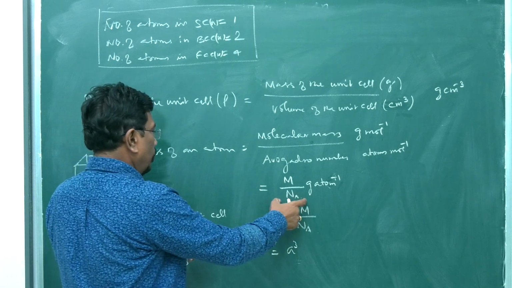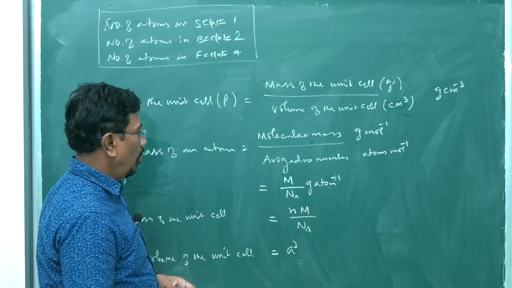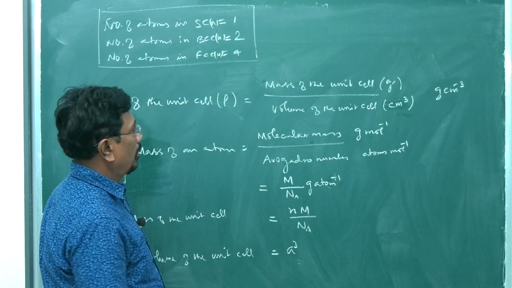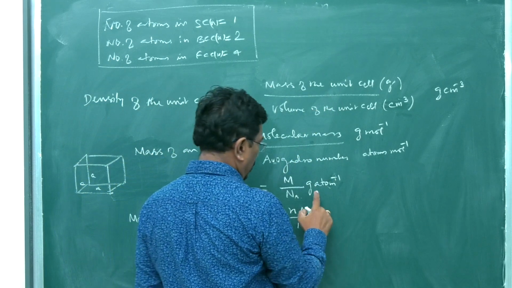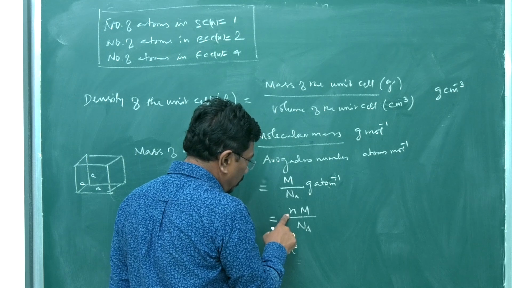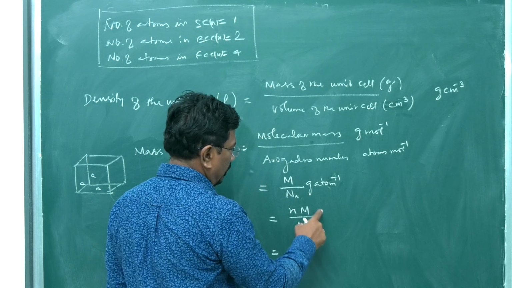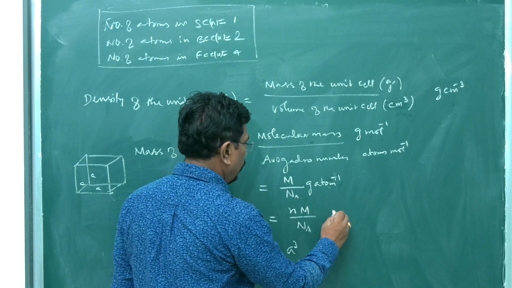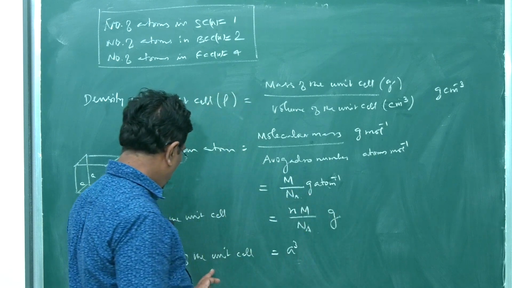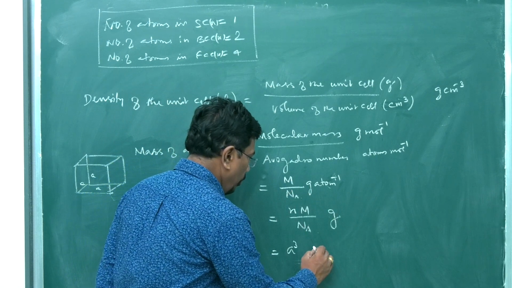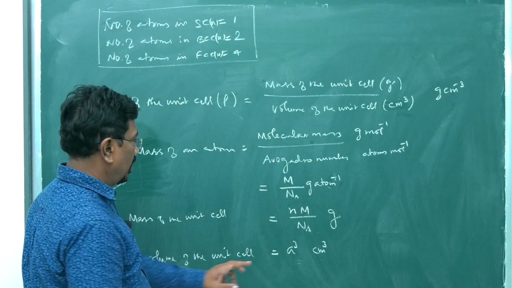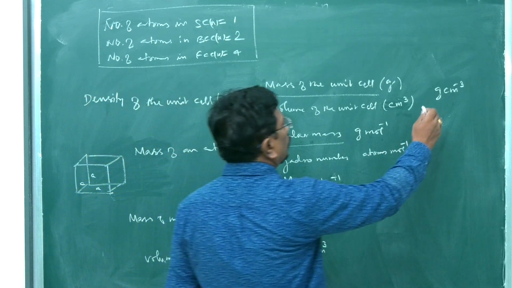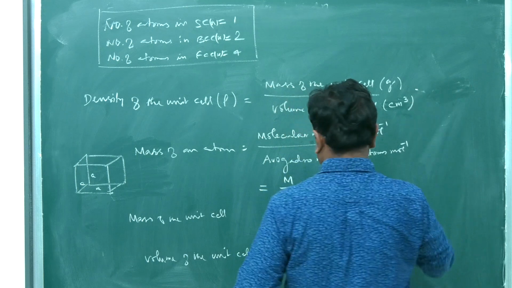So when mass of the unit cell is divided by volume of the unit cell, mass of the unit cell is in gram, because gram per atom into atom will give gram. Volume of the unit cell, unit may be in centimeter cube, centimeter into centimeter into centimeter. Therefore, the unit will be gram per centimeter cube.